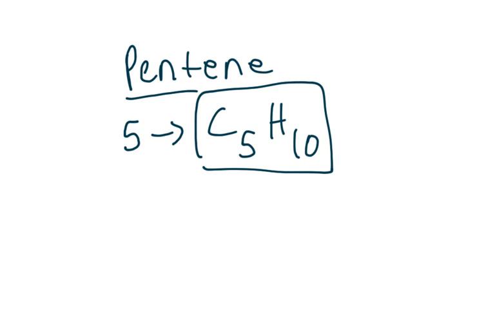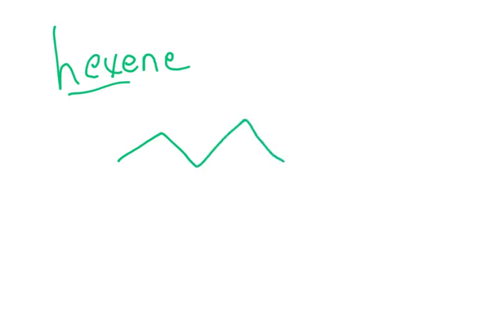But what if you don't know the formula CnH2n? Can you still come up with this? And the answer is yes. If I said, give me the formula of the compound hexene, we look at the prefix hex, that's 6 carbons. If you just draw that out, 1, 2, 3, 4, 5, 6.